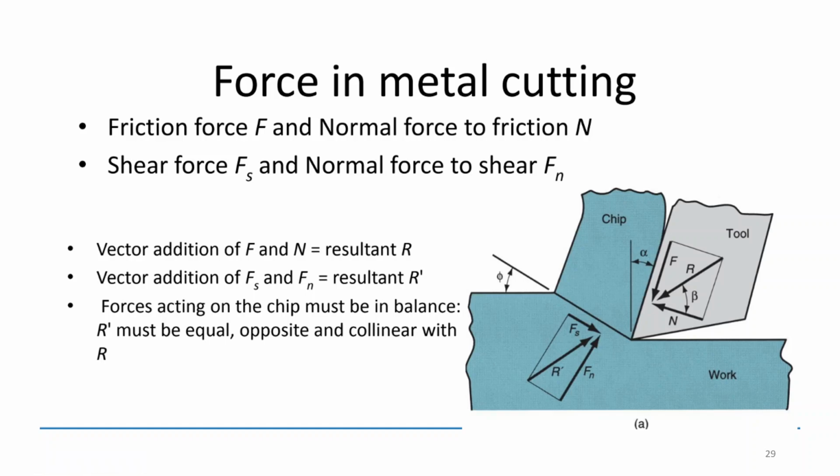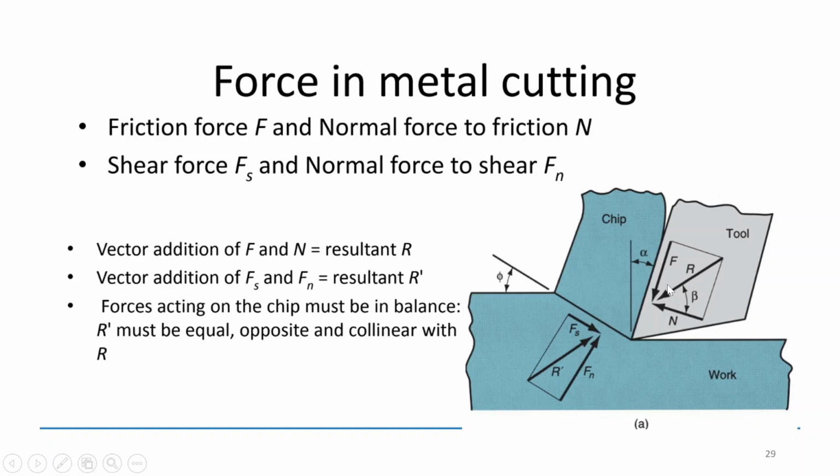The forces acting on the chip must be in balance and R dash must be equal, opposite and collinear with the capital R. So the forces that are working in the tool will be collinear with the forces that are acting in the workpiece.